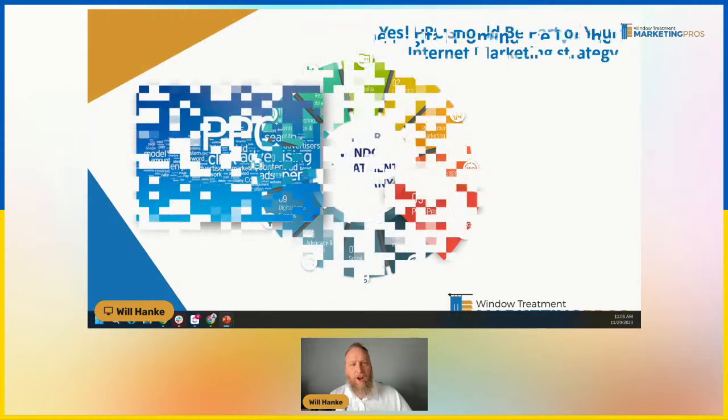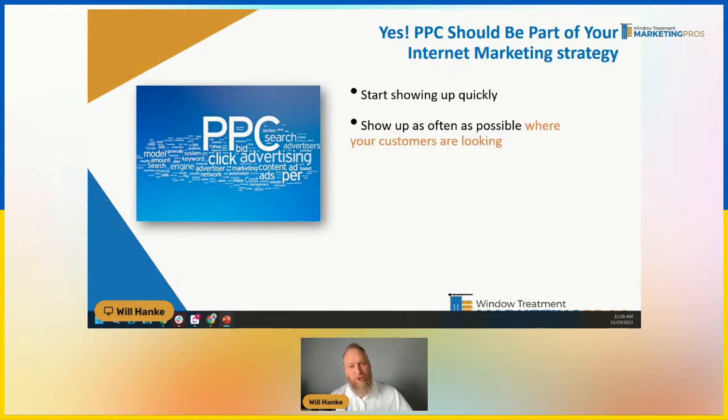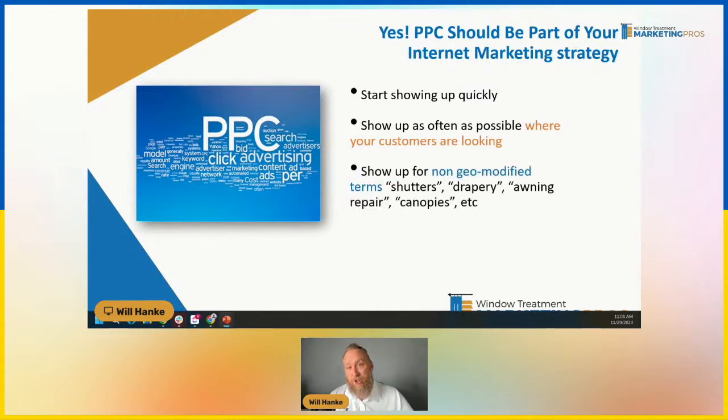So, all right. Obviously the answer is yes. It should definitely be a part of your strategy. You can start showing up very quickly. Get your ads set up and hit the publish button, and they're live. With SEO, it takes a lot longer to get momentum going. You can show up exactly where people are looking, and as often as you can afford to show up there. You can also show up for what we call geo-modified terms.